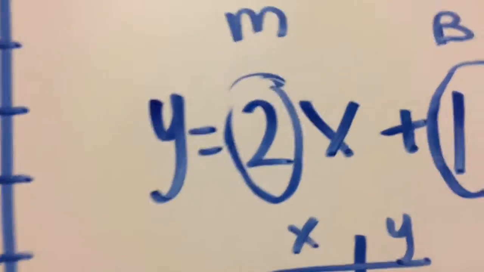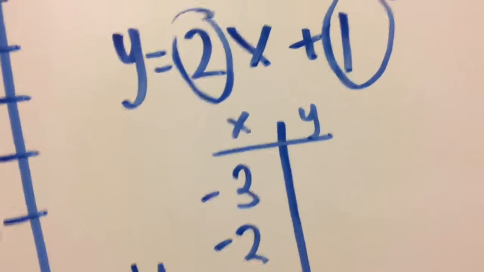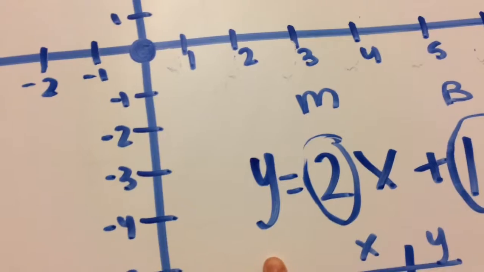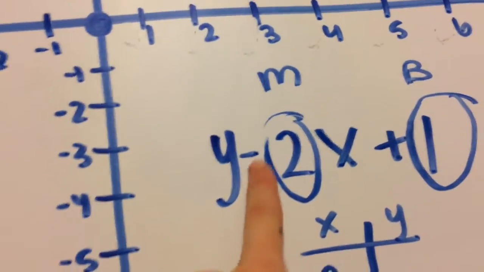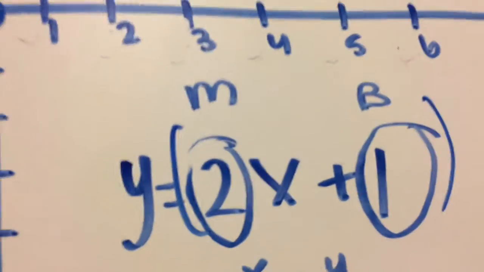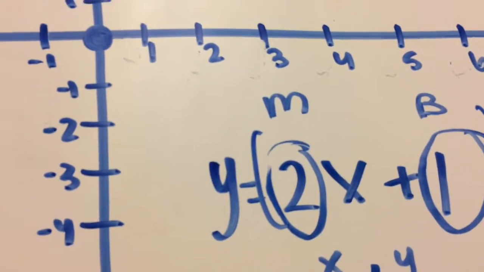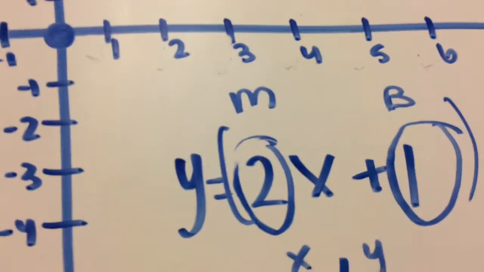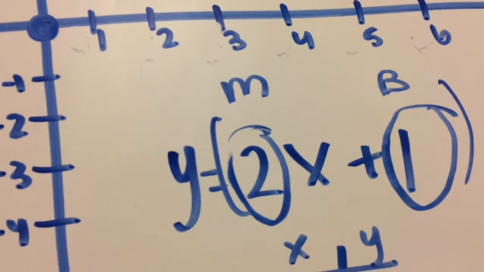So your x can be whatever number you really want to plug in for x, because the only number that's going to change would be your y, because y equals this whole thing. So it doesn't matter what x is, but you have to make sure that you determine what y is based on the number that you plug in for x.